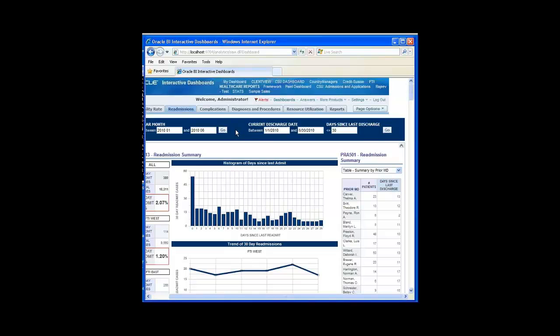So if I wanted to see this page just for ACO physicians, I can set that to yes, hit the go button, and now I'm looking at just a readmission dashboard or mortality dashboard for my ACO physicians directly, and when I interact with this information, I can drill down to the individual ACO physician. Does that answer your question?